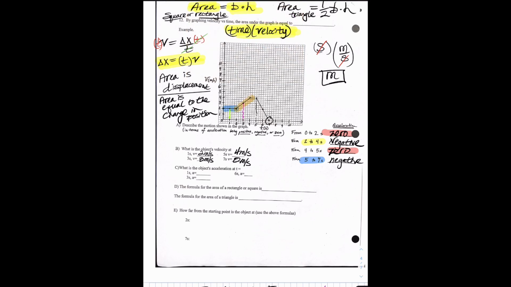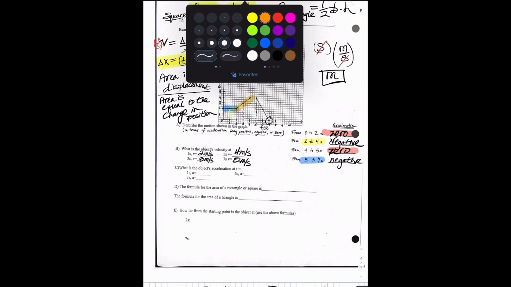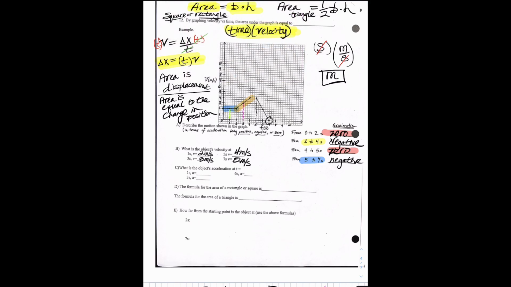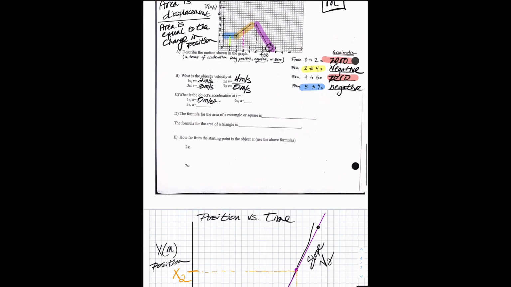And at 6 seconds, we have to calculate the slope of this segment right here. So to do this, we're going to use the slope formula 3 times, and obviously the first one's going to be 0, but I'm going to go ahead and calculate it.